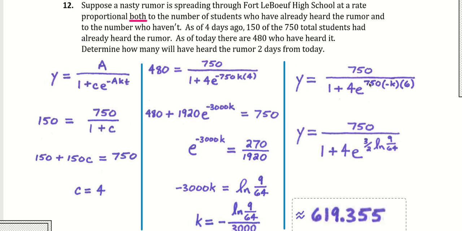So 750 divided by 3,000, so that, wait a minute here. K is that.